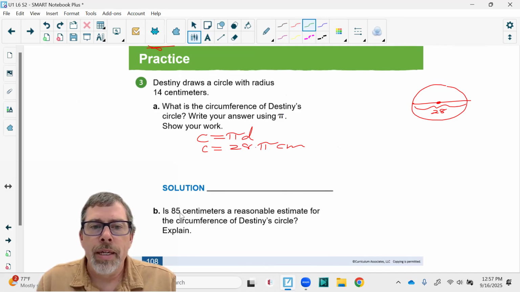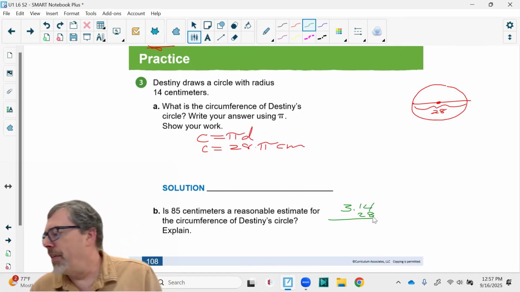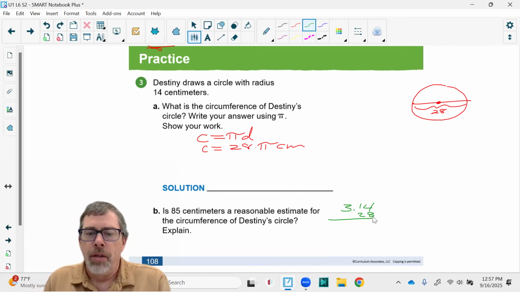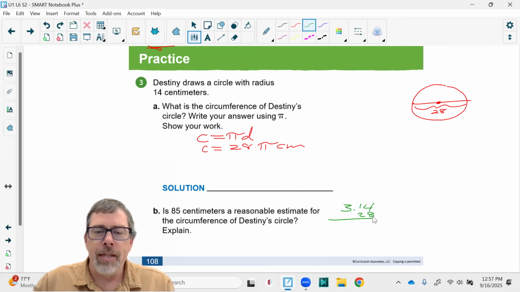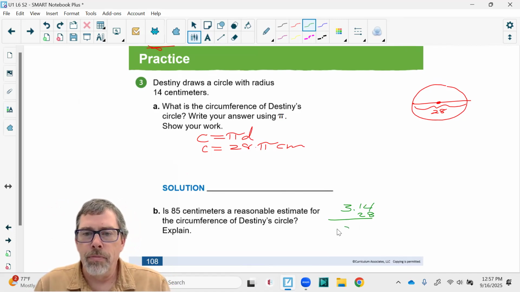Part B, is 85 centimeters a reasonable estimate for the circumference of Destiny's circle? Okay, so what you need to do is take 3.14 and multiply it by 28. I'm just going to save time and do that with a calculator. 3.14 times 28, I get 87.92.